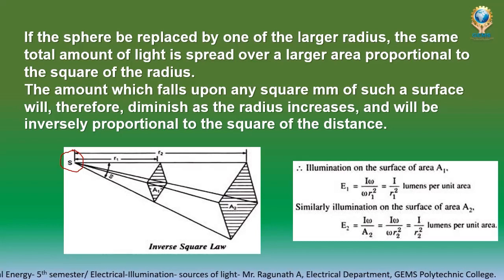Area A1 will have more illumination than A2, which means if distance increases, the illumination will decrease, which means it is inversely proportional to the square of the distance.